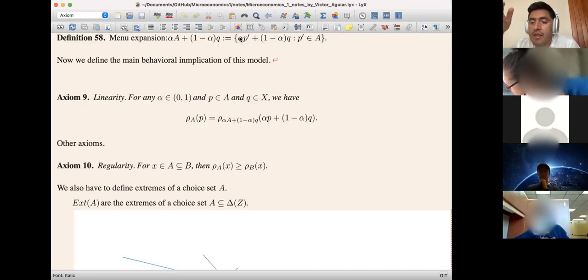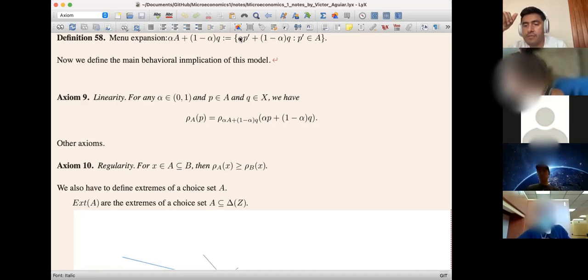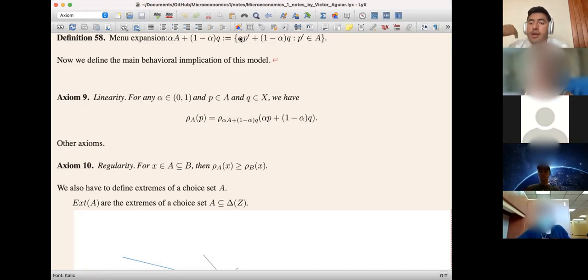Then even if you change the menus, first menu X, then menu X and Y, and then menu X, Y, and Z, the probability of choosing X will always be 1, because this is deterministic utility maximization. That explains the equality.